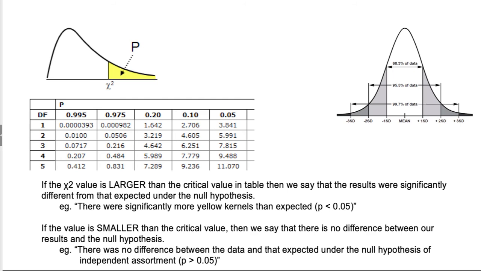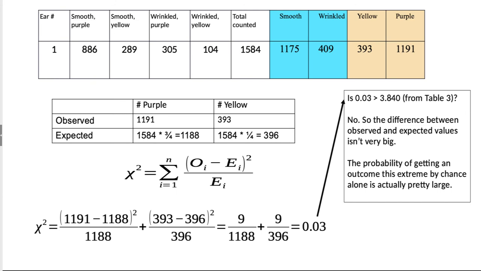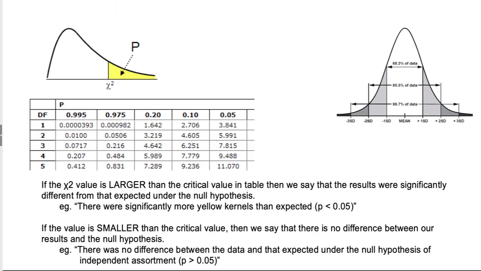In our case, we have two categories of data. It's either purple or yellow. So to calculate the number of degrees of freedom, we take the number of categories minus 1. So we have 2 minus 1 equals 1 degree of freedom.